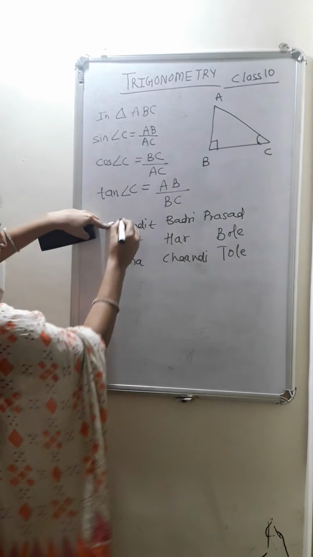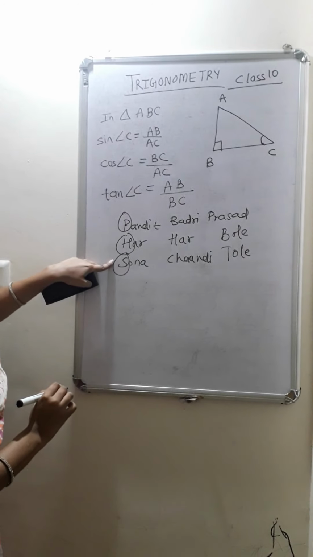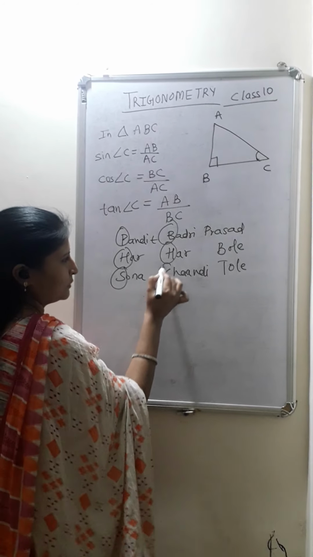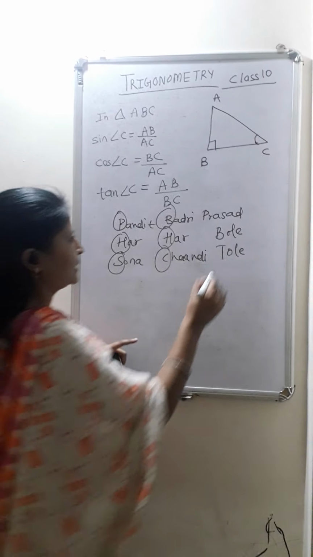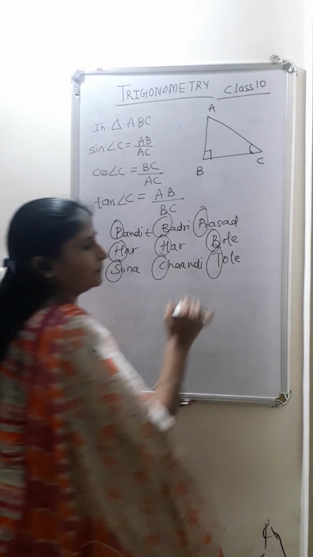So P upon H is equal to sin. Sin of angle C is P by H. Base upon hypotenuse is equal to cos. Cos theta is equal to base by hypotenuse. Tan of angle C is equal to perpendicular upon base.